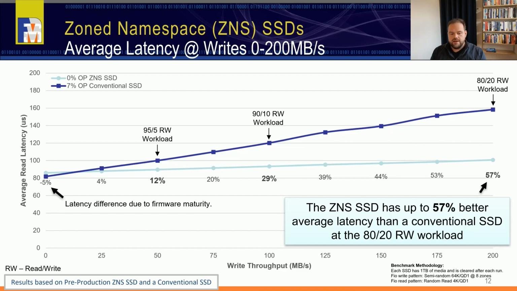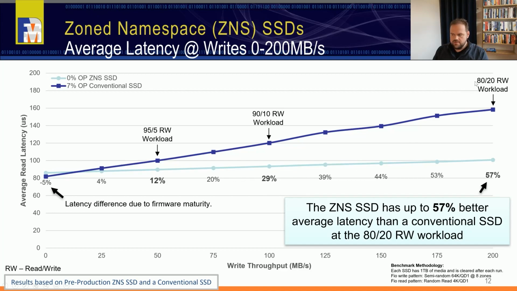Then as we add writes, like 25 megabytes per second, let's say 50 megabytes per second, in a 95/5 random read/write workload, when we compare the ZNS SSD with the conventional SSD, we are actually 12% better in average latency. Similarly, if you go to our 90/10 random read/write workload, we have 29% better average latency.